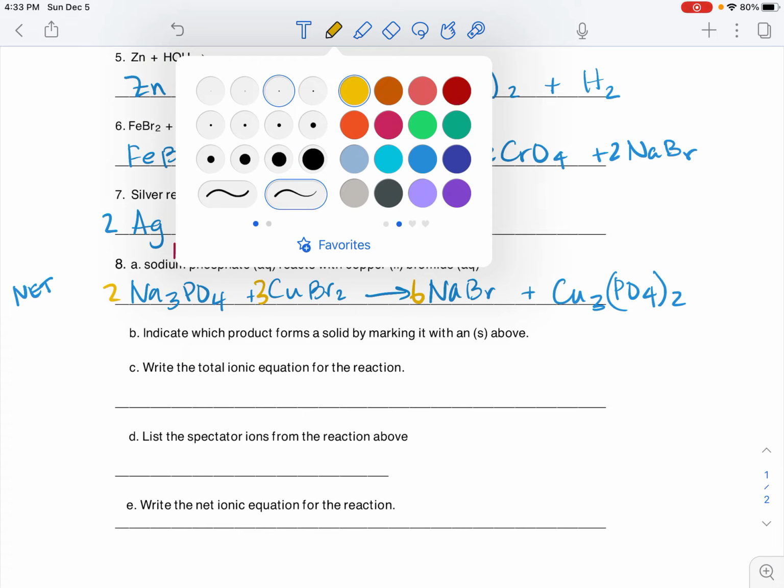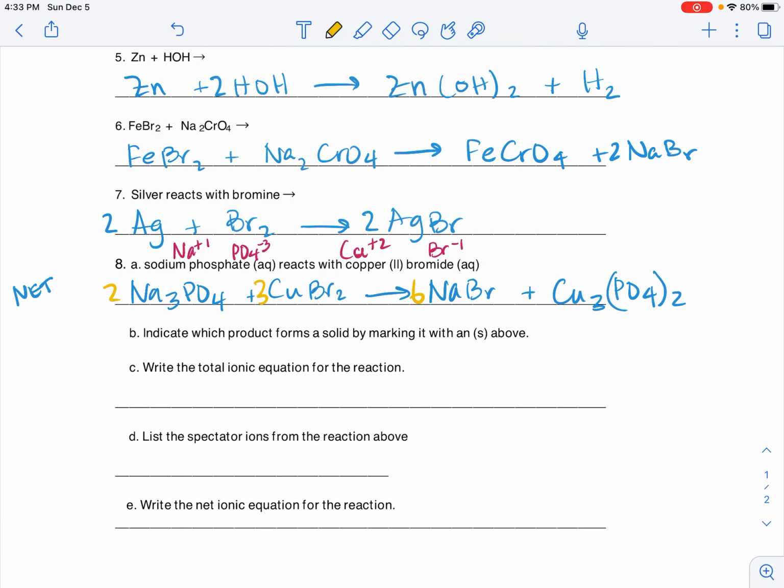And then you can see the letter B there. It says to mark which of those 2 products is a solid. So in this section, it's always going to be one solid. I'll show you how to use the chart in a second, but sodium never forms a solid because it's a group 1. Group 1s never form solids. So I know that this is going to be a solid right here because the other one isn't.